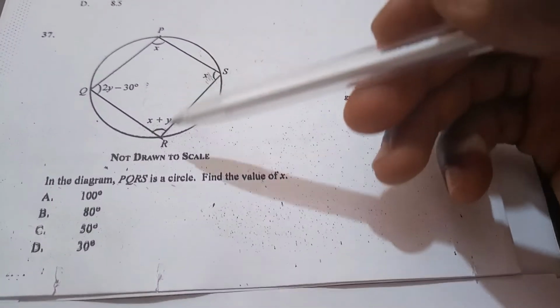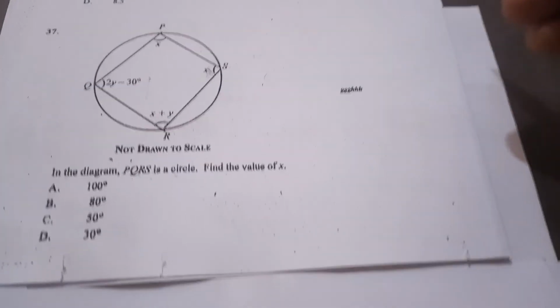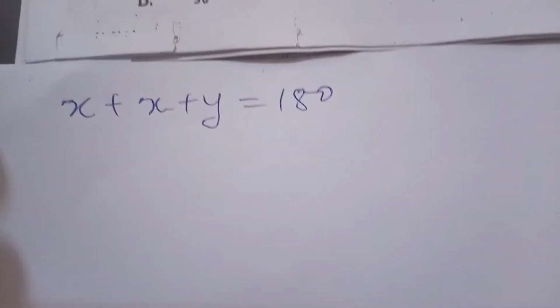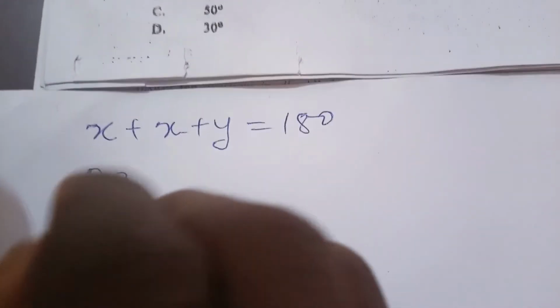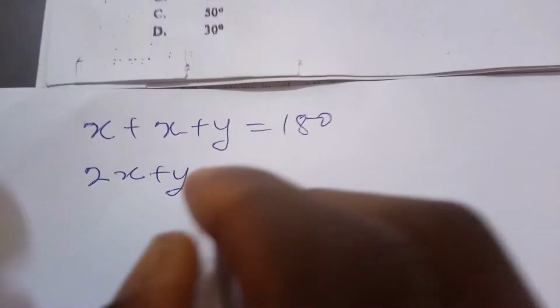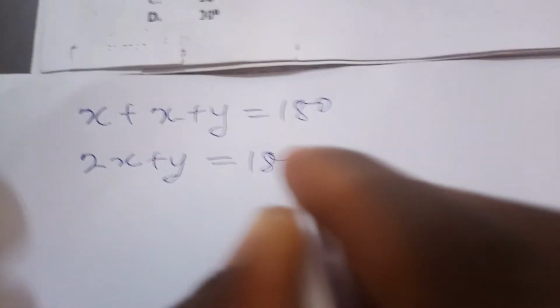This is x plus y plus x will be equal to 180. So we have like terms there, x and x. So this will give us 2x plus y equals 180.